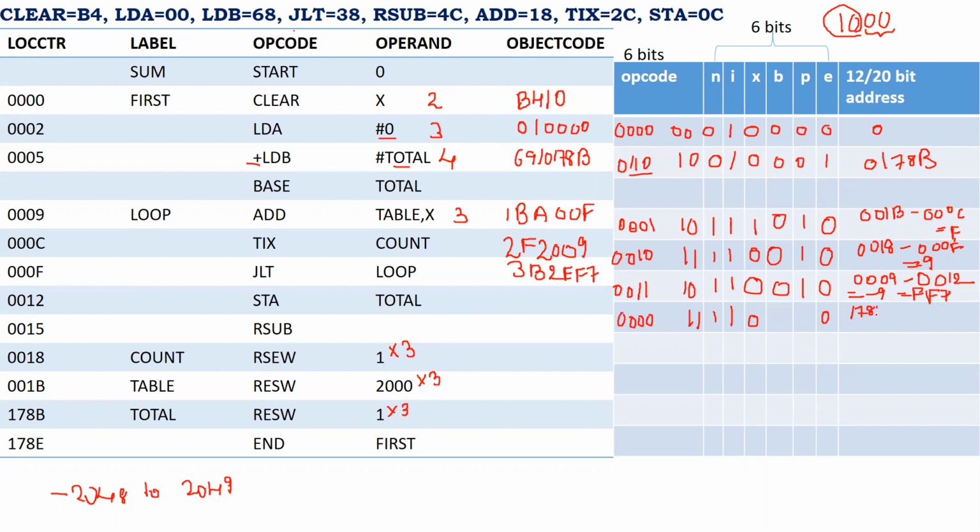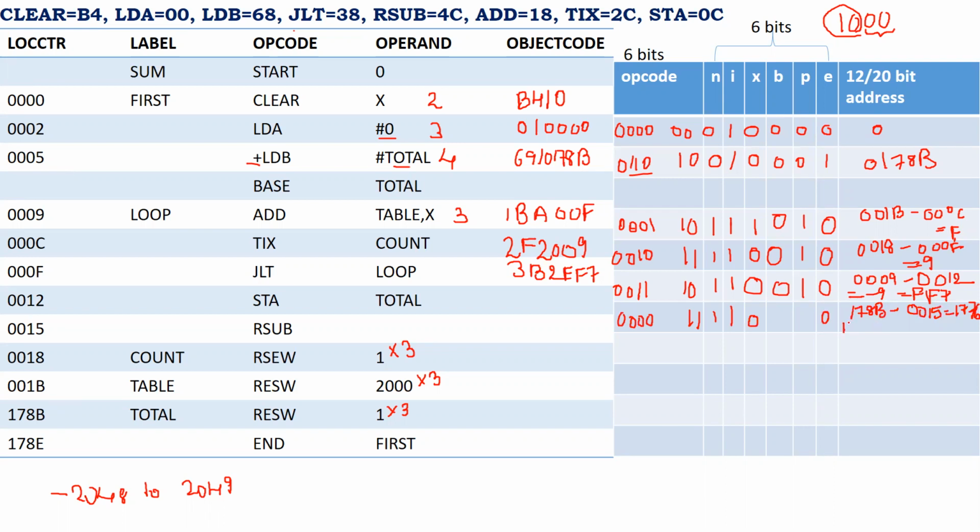And to find the displacement, the total is 178B minus the next instruction, that is 0015. So this gives 1776. This is in the range of base relative addressing mode.